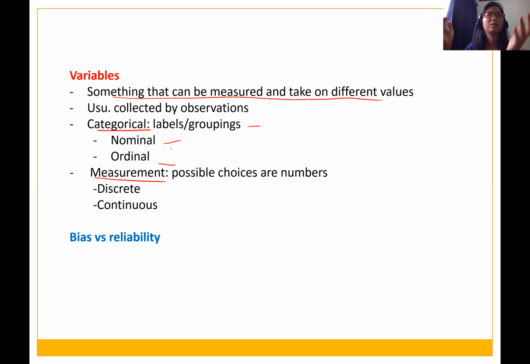And then the last thing about variables is where we look at the quality of the data that we have, and we have to care about the problem of bias and reliability.